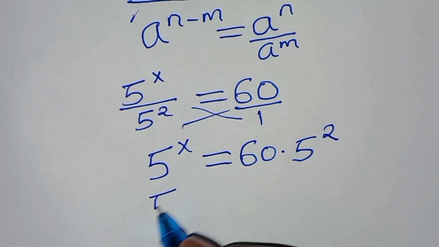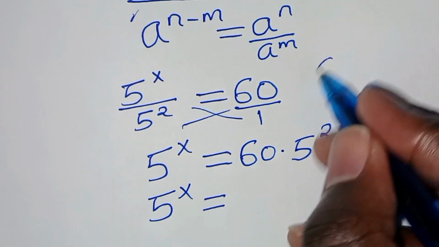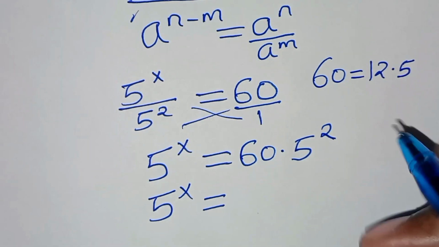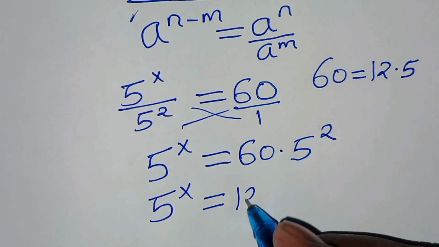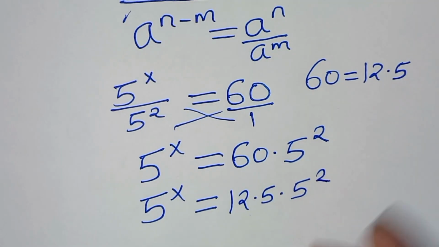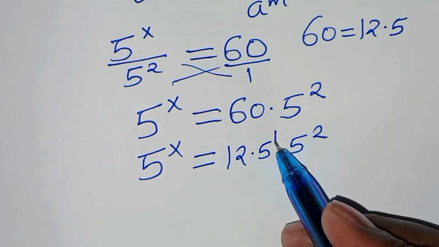Now from here, we have 5 to power x. This is equal to, we can express 60 as 12 multiplied by 5. So this is 12 multiplied by 5 times 5 to power 2. You find that this is 5 to power 1.